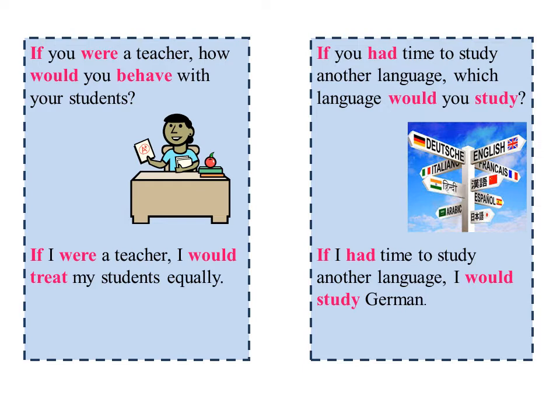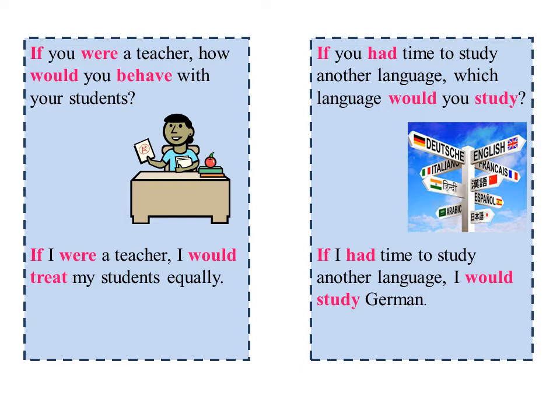If you were a teacher, how would you behave with your students? If I were a teacher, I would treat my students equally. Again, we are trying to imagine. If we were a teacher, how would we really behave with our students?